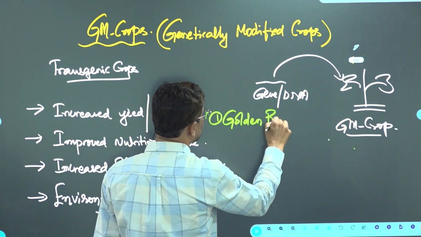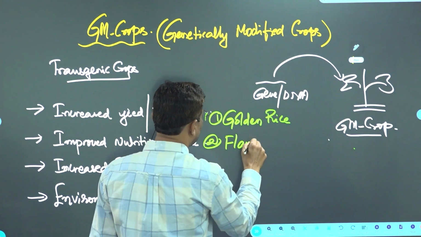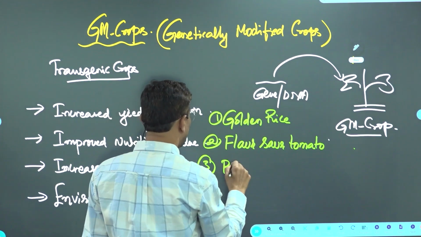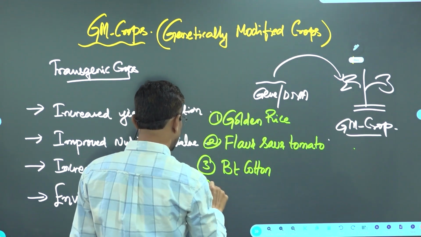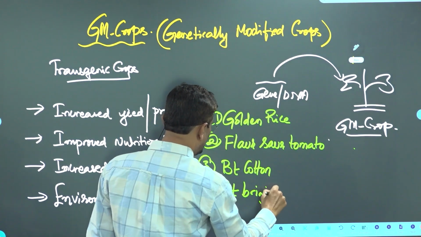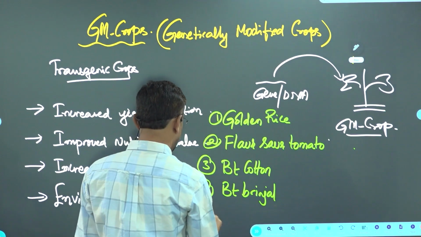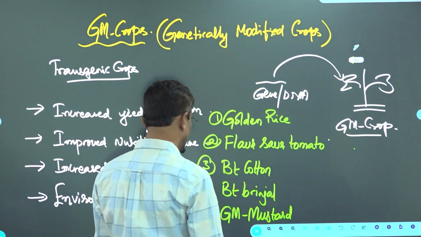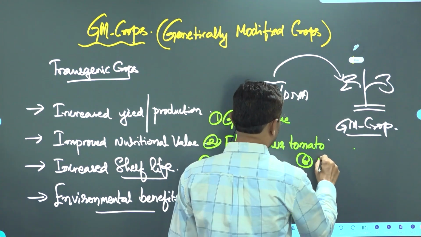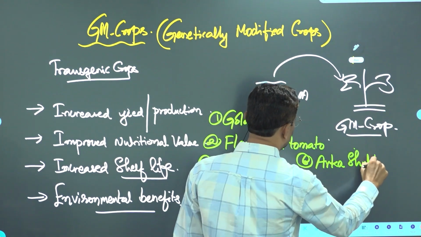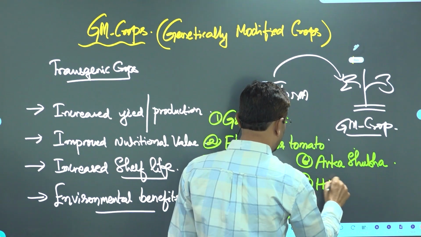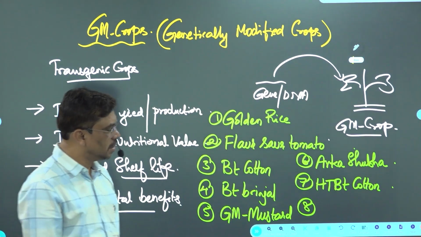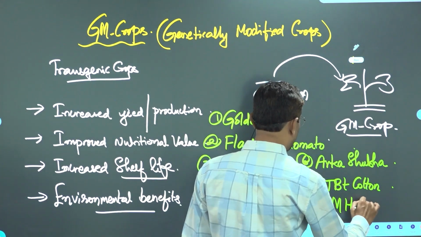The examples include golden rice, flavr savr tomato, BT cotton, BT brinjal, GM mustard, Arka Shubha, HTBT cotton, and also DMH11.